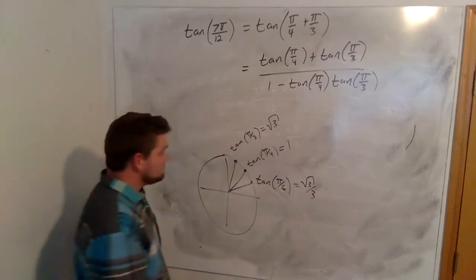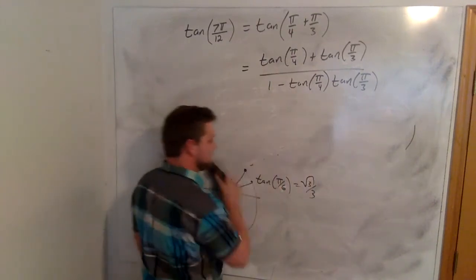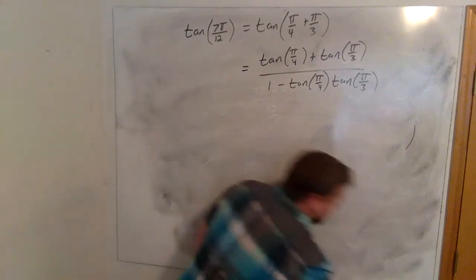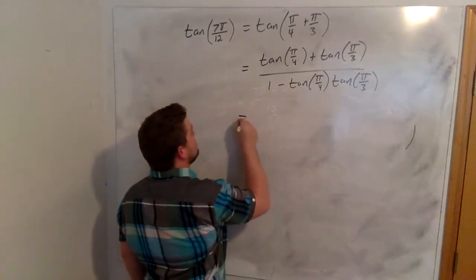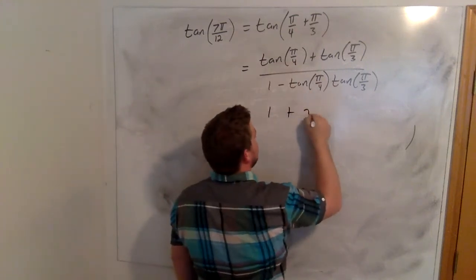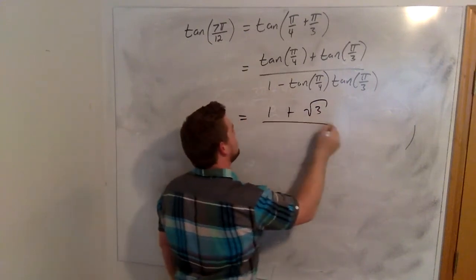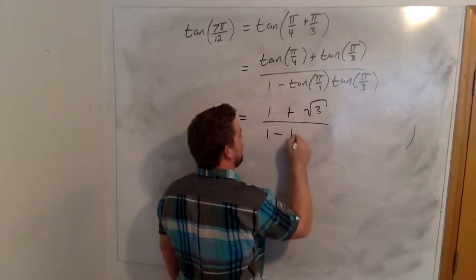Okay, so let's go ahead and use that to evaluate this. I'm going to erase this picture right here. Tangent of pi over 4 is 1.